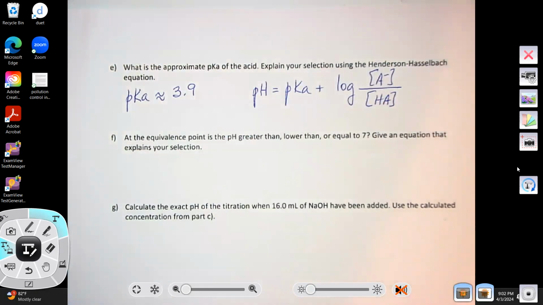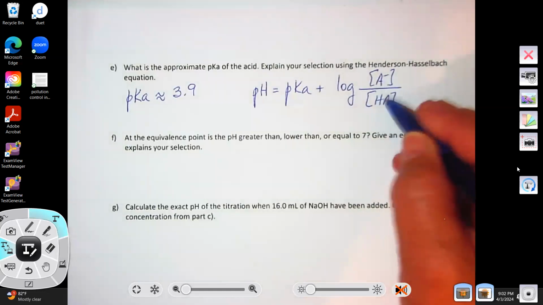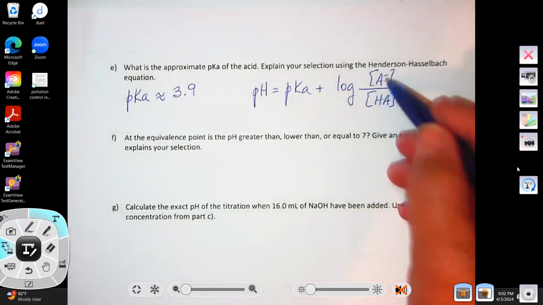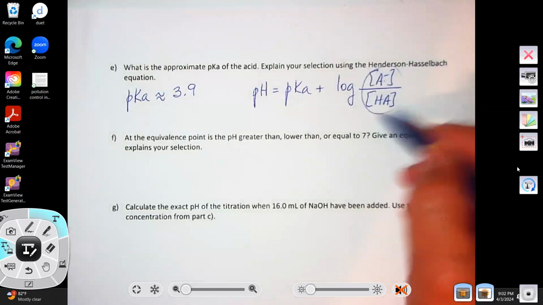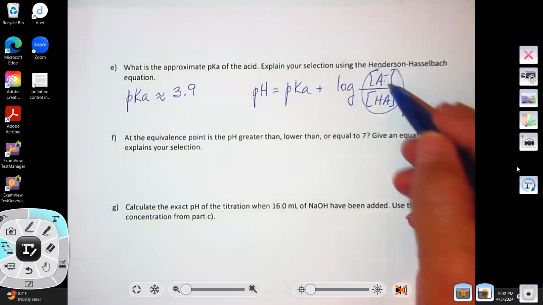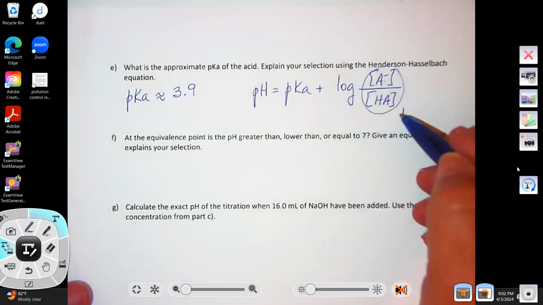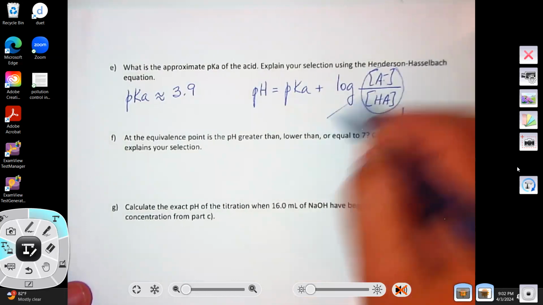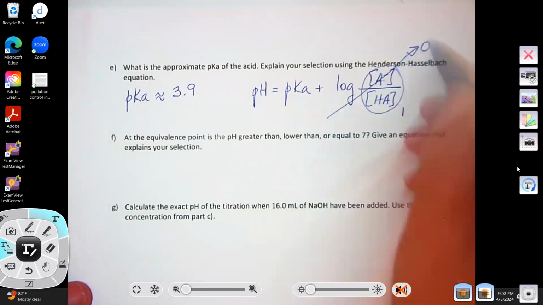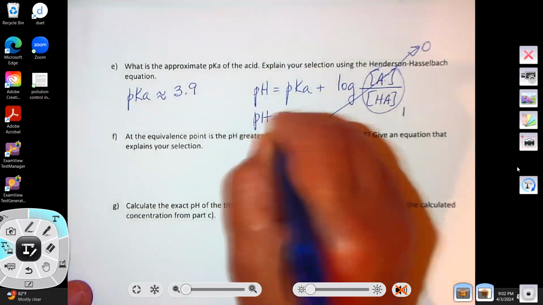So what happens at half of the equivalence point is that these two are the same. So when you divide two numbers that are the same, this fraction becomes 1 because you're dividing equal numbers. And the logarithm of 1 is 0. So this factor becomes 0. So your pH equals your pKa.